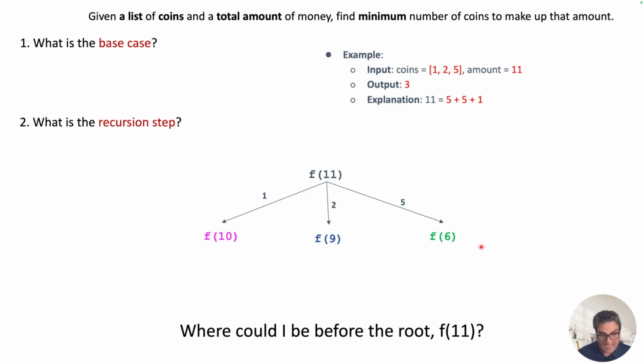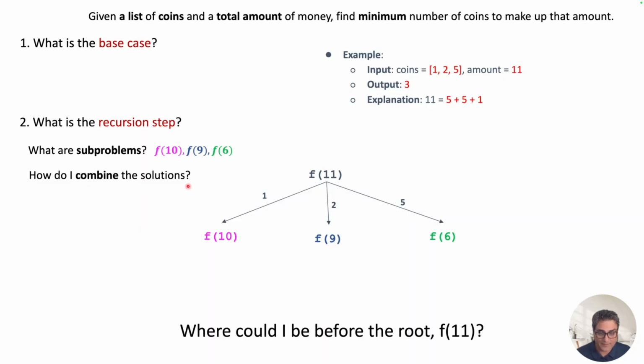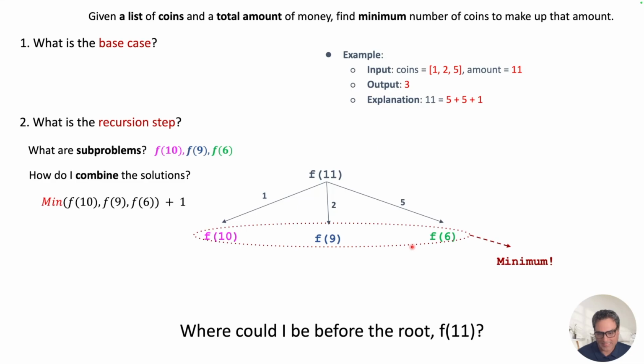But the question is, how do we combine them? What is the combining operator in this case? Because we are minimizing, you can simply say, I should pick the one that has the minimum value. So my subproblems are these, and the combining operator would be a simple minimum value. And to be exact, it's minimum plus 1.